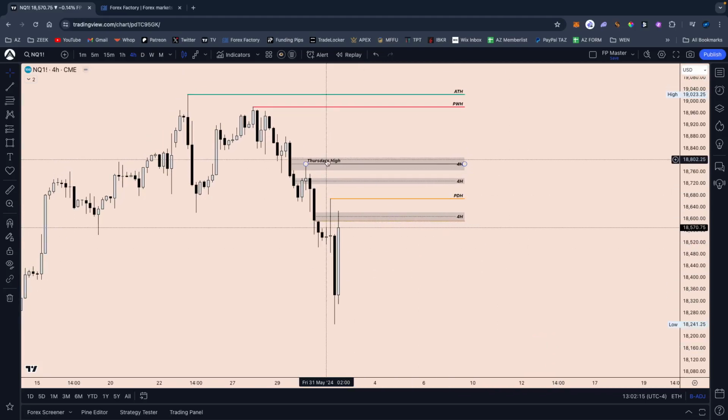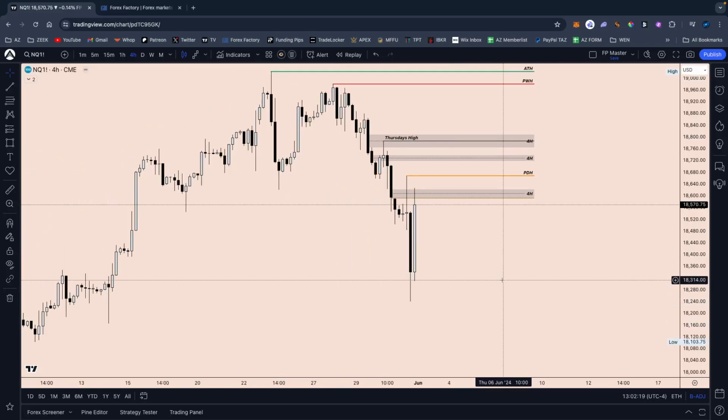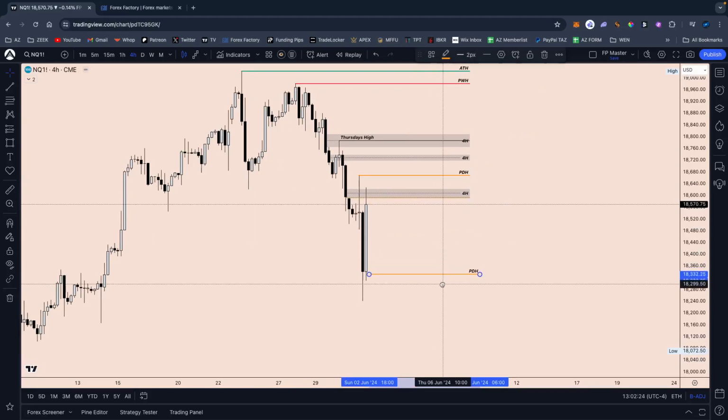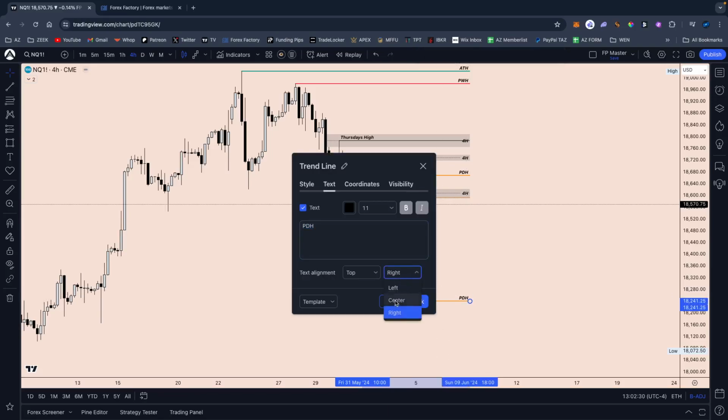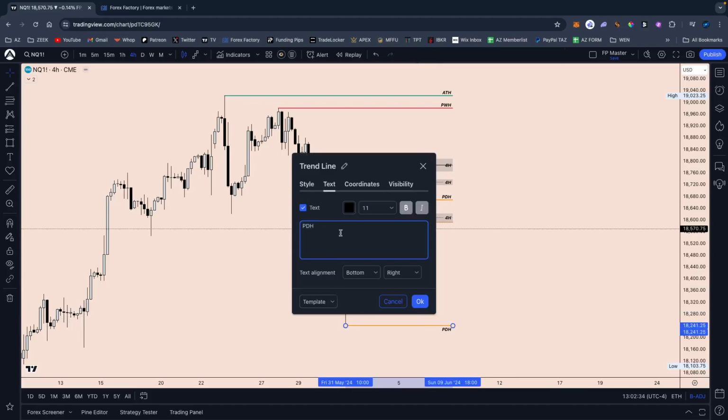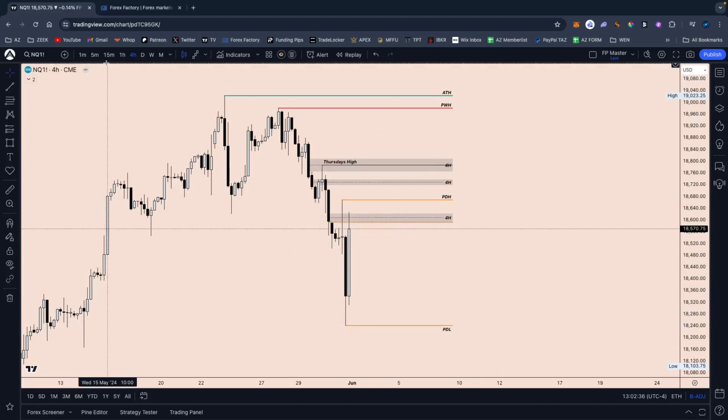Previous day's high and first day's high. Let's leave that there, that's fine. So previous day's low, we need that for Monday. Bottom. Previous day's low.